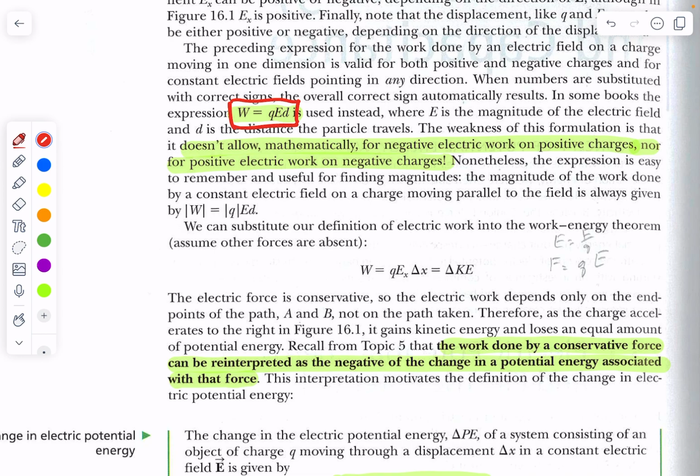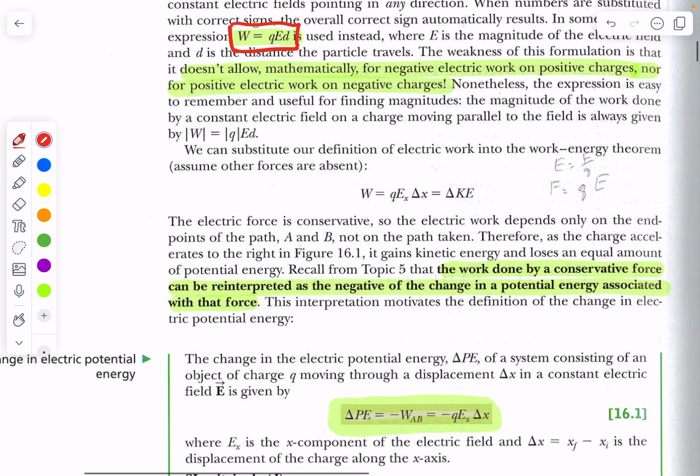So when we do work on a charged particle in an electrical field, and here's the magnitude of the work, if we're doing work against the electrical field, moving a charged particle against the direction that it naturally would want to go, and then we let go of it, it's going to move back again and exhibit a certain amount of kinetic energy.